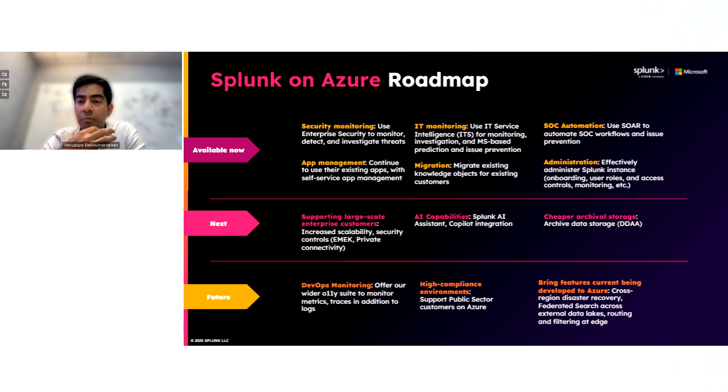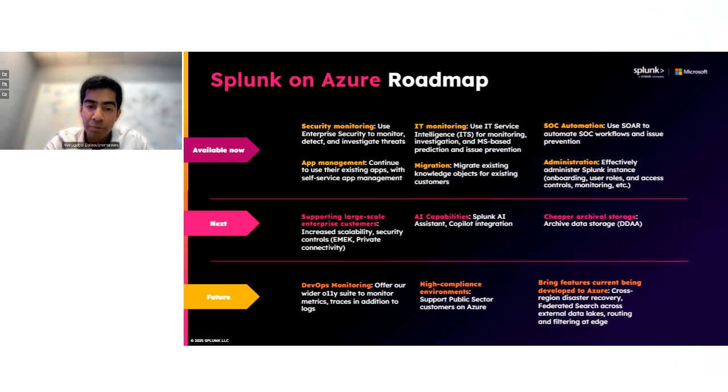We want to make sure that customers have as similar an experience as possible, irrespective of where you want your Splunk Cloud stack hosted. Things that are coming up include some key asks from some of our larger customers, as well as customers in more regulated industries. This includes private connectivity, so that your data, while being ingested, or maybe when you're doing a federated search, isn't going over the public internet.